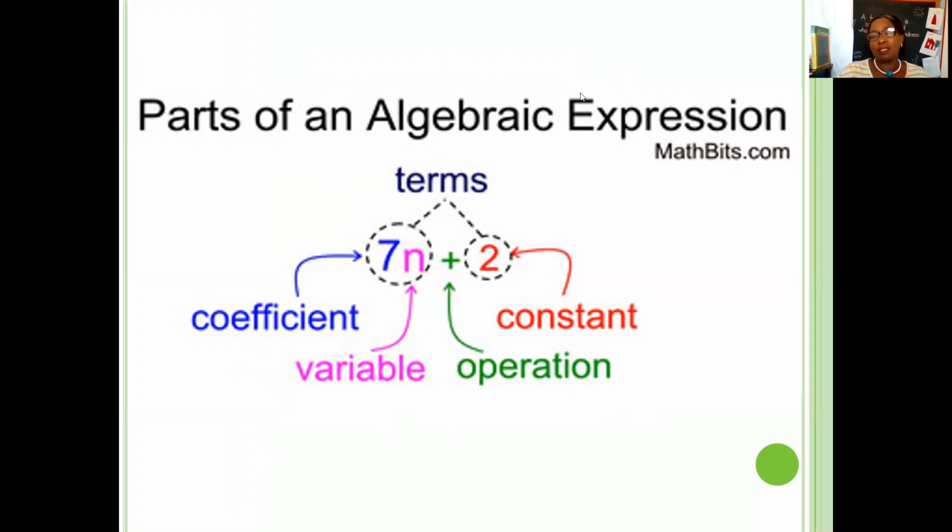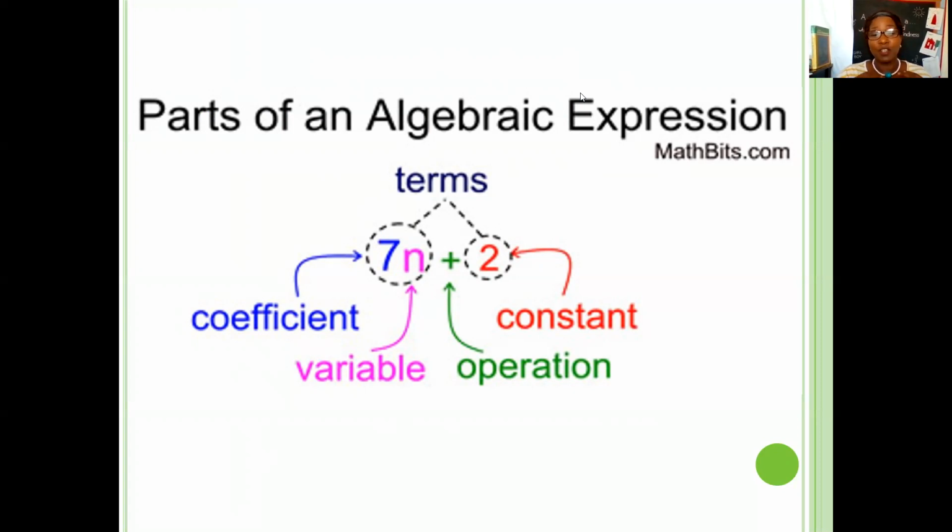Then we have the constant. The constant, as its name implies, is something that doesn't change. It's a number that stands alone. So 2 will always just be 2, which is good to know. The 7n and the 2 are what we would call terms, and for collecting like terms, this is going to be important.